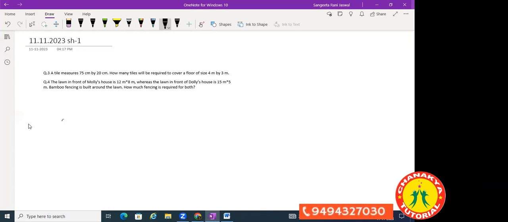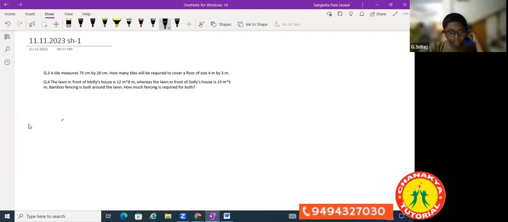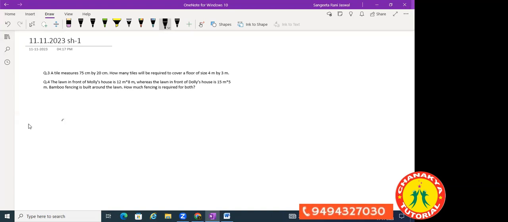And then you get your number of tiles. The unit will not be square centimeters, since it's the number of tiles. There will be no units. It's just a number of tiles. It's not asking for area or perimeter.